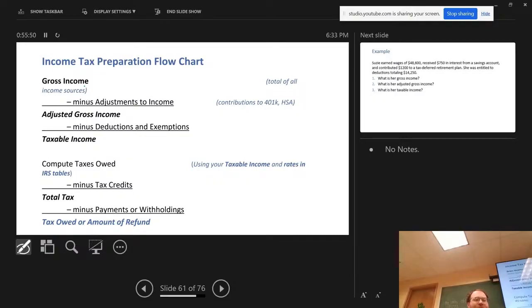But typically, gross income is a thing there, minus adjustments. There are certain things that you can deduct from what you make. There's a standard deduction. I want to say it's like 14,000 per person.